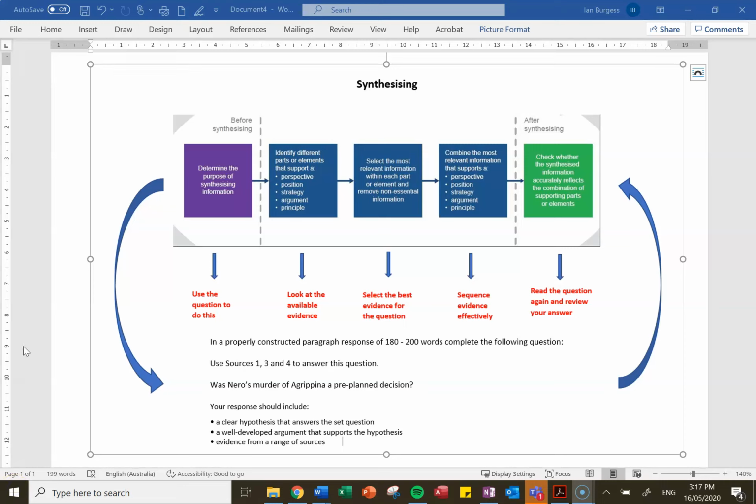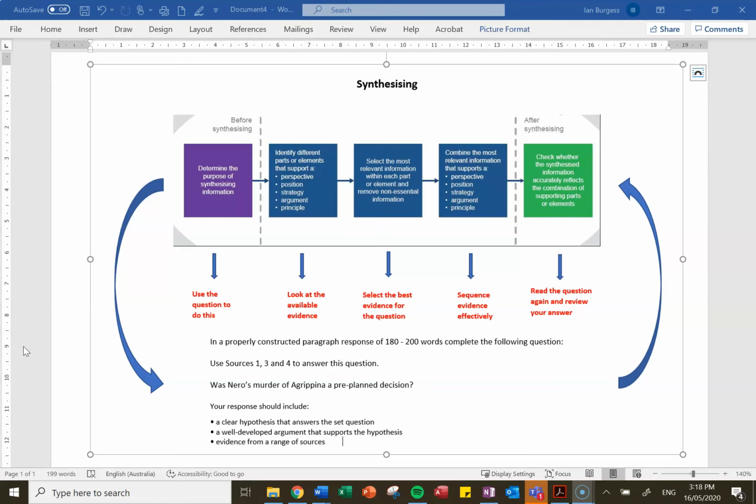All right, so once we've determined the purpose of synthesising, so we've looked at our question and worked out what we've got to do, we then look at the available evidence. We're looking for things that, in this case, would support a position or an argument, and that is whether or not Nero's murder of Agrippina was pre-planned.